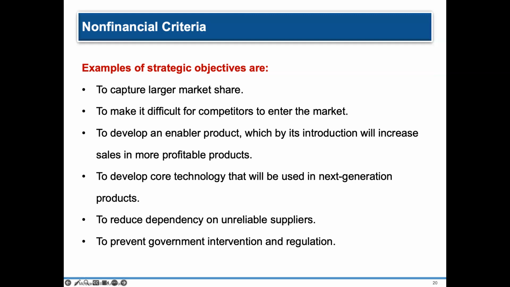So, you lessen your dependency on outside suppliers and you streamline and speed up your time to market by integrating that. Last example, to prevent government intervention and regulation. So, as we know, government regulation is quite strict, and if you're not ahead of it, it will cost you a lot of money.